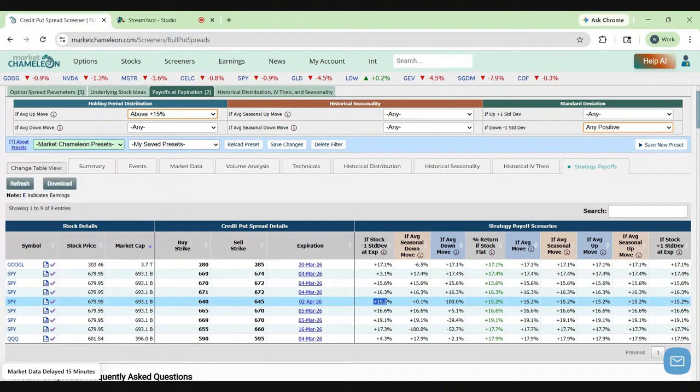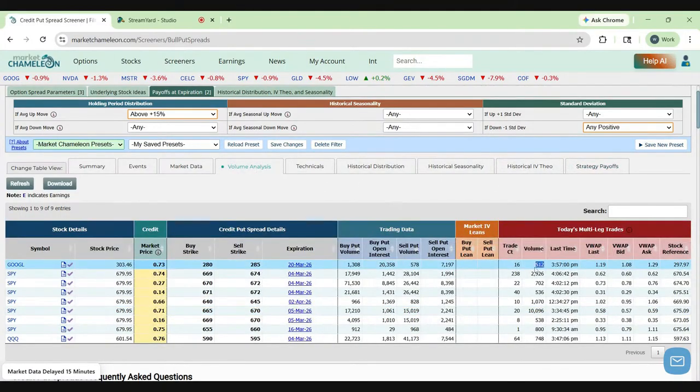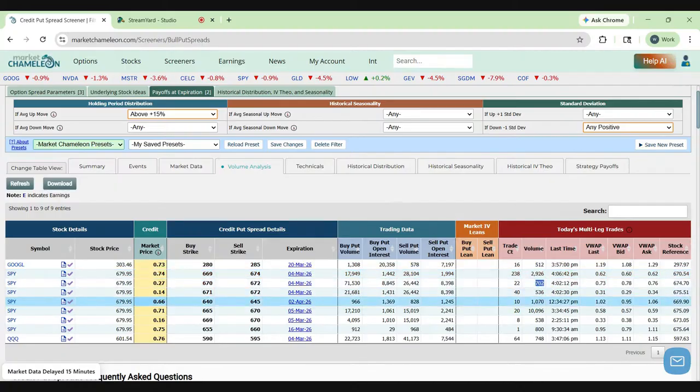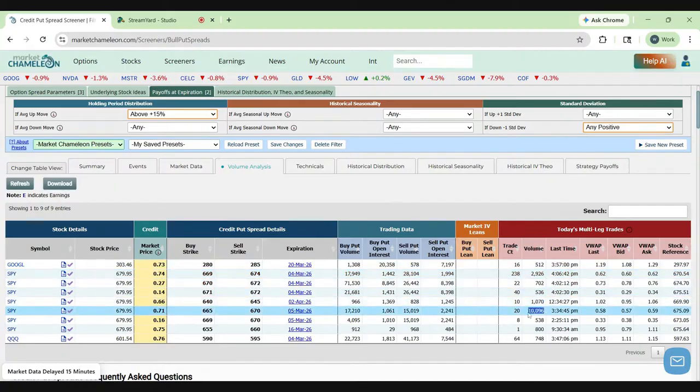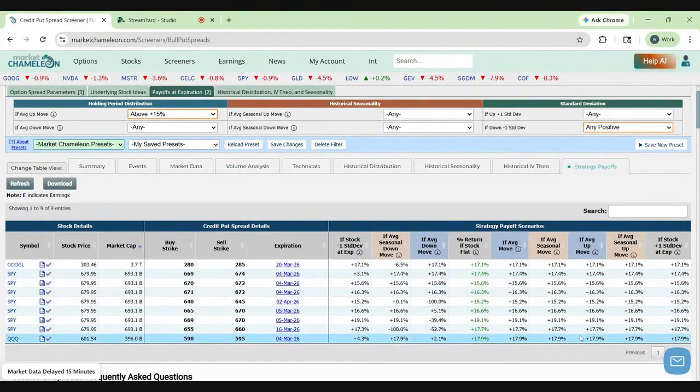So what we're doing is using, in this example, 3 filters. We first narrowed it down to spreads that have volume. So these are spreads that already traded on the day. Over here, here's 10,000 contracts. Then we narrowed it down further by potential payoffs at expiration based on different potential points.